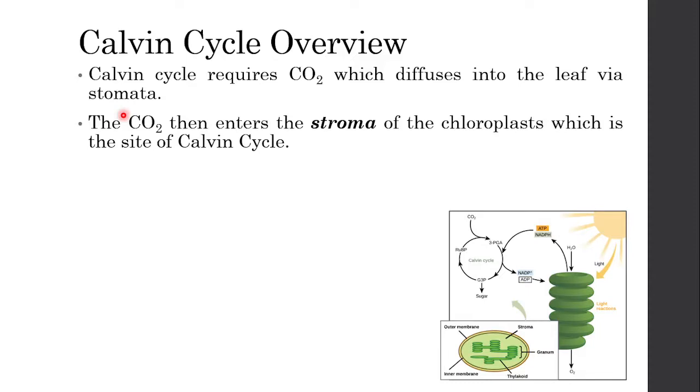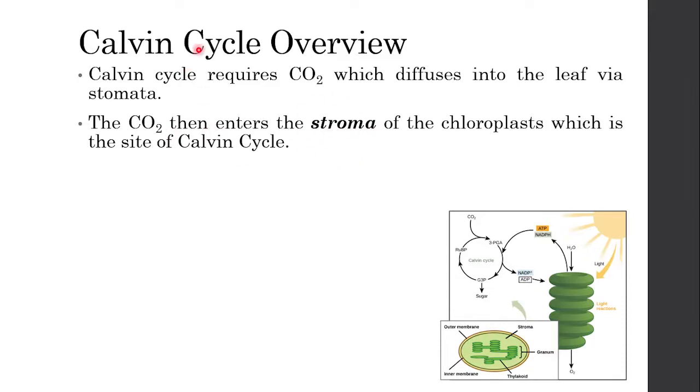If you remember, the chloroplast is the site of photosynthesis. This is where you will find your thylakoid, your stroma, your grana, etc. The stroma is basically the fluid-filled space of the chloroplast, which engulfs the whole thylakoids or the grana found inside the chloroplast.